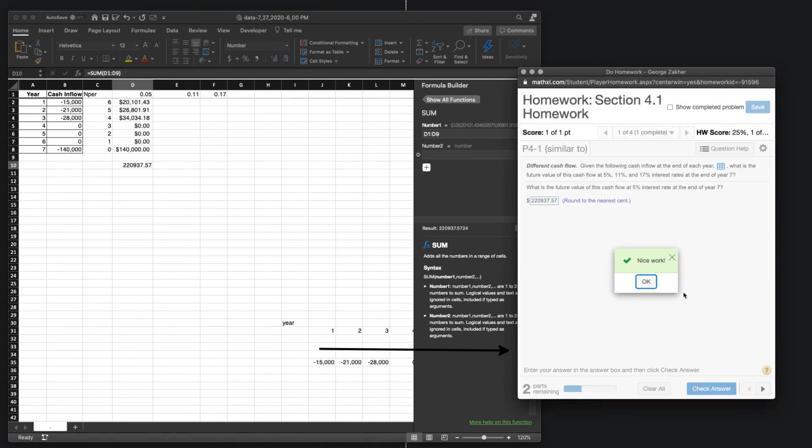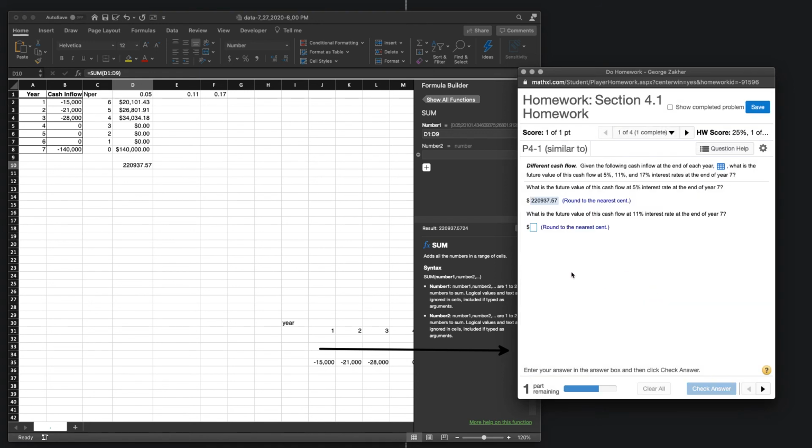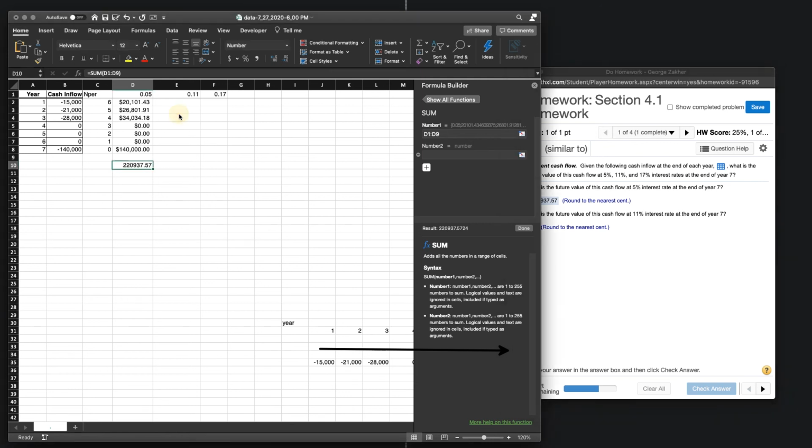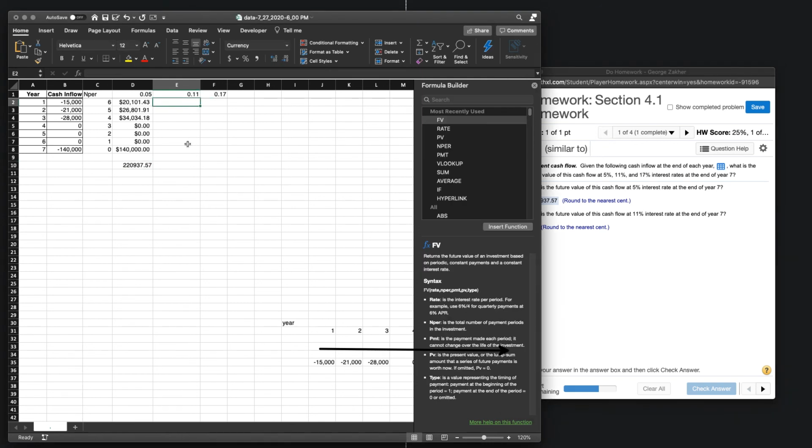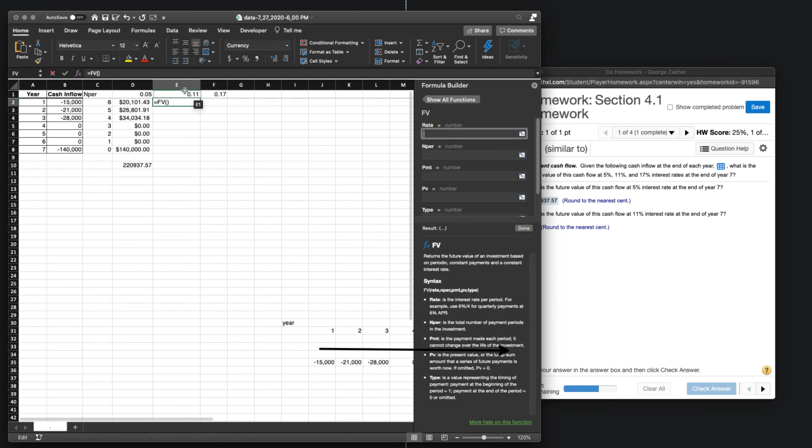Again, we'll use the same function. The rate will change. In this case, we're looking at an 11% investment. And our number of years will be the same. Present value, again, is 15,000. Type is 0.